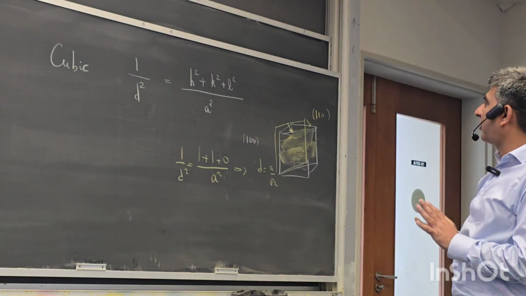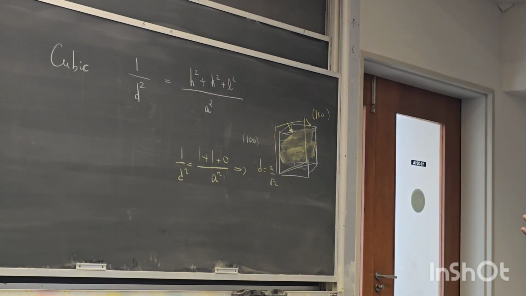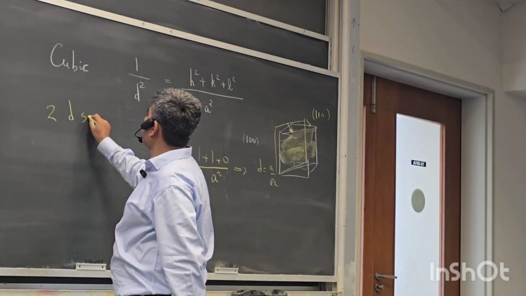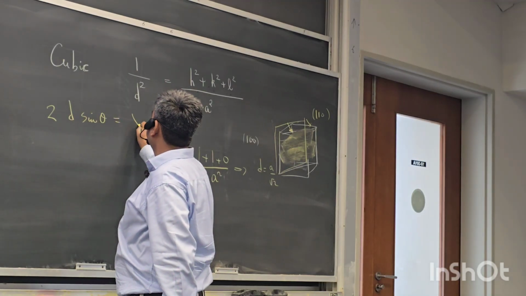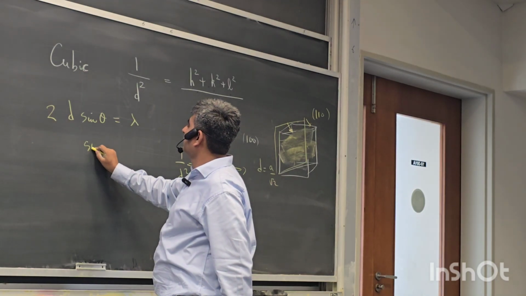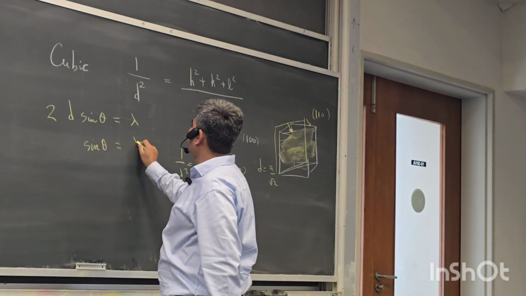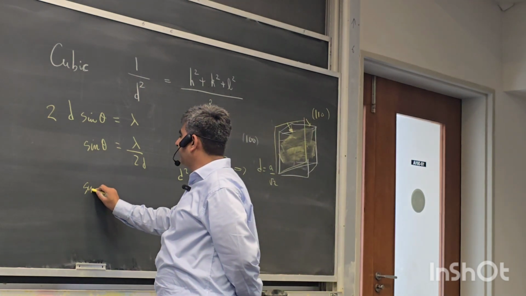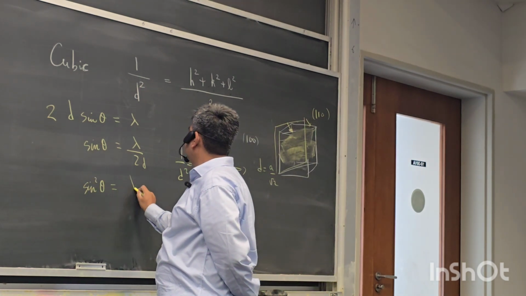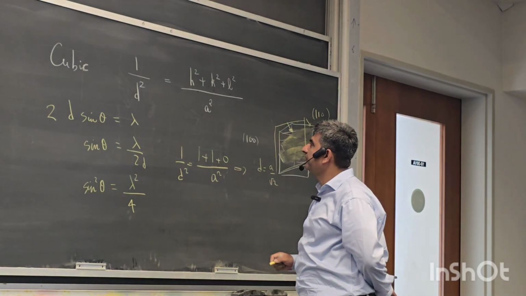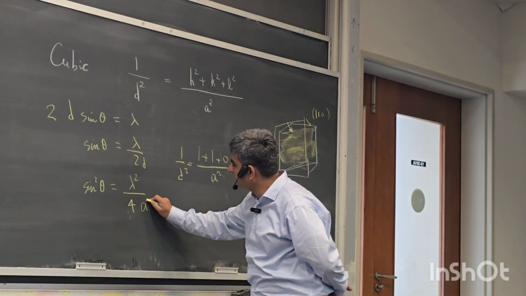So this formula is valid for the cubic system. Now we also know that 2d sine theta is lambda, which means that sine theta is lambda over 2d, which really means that sine square theta is lambda square over 4d square. Now 1 over d square is this.